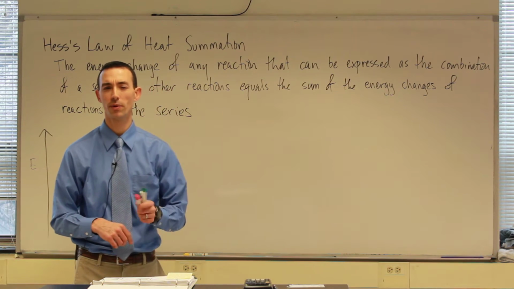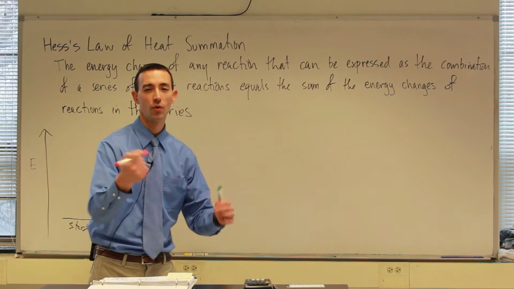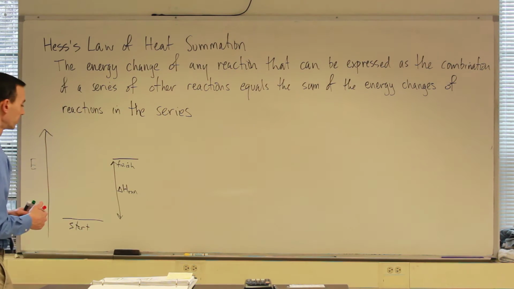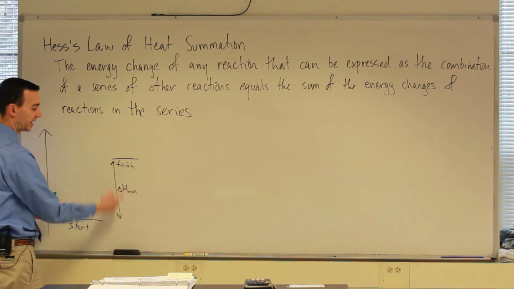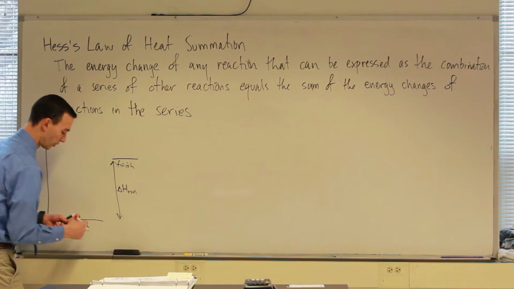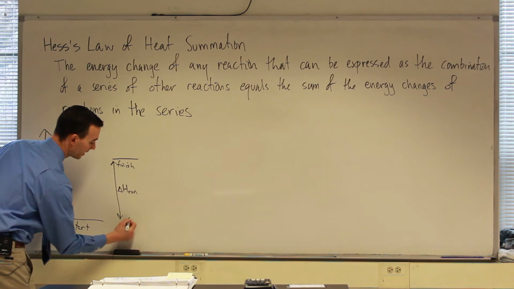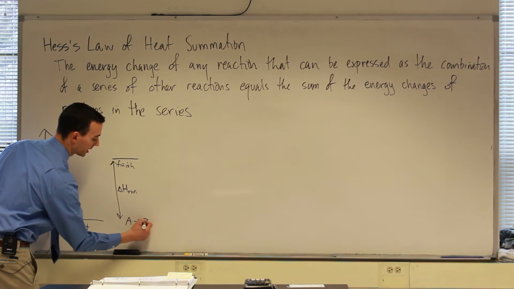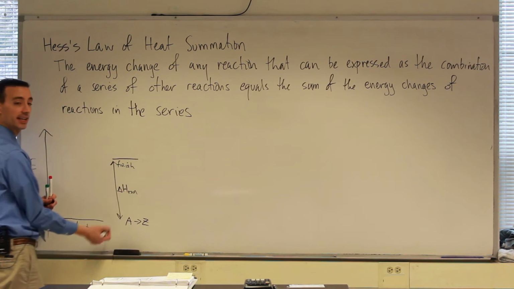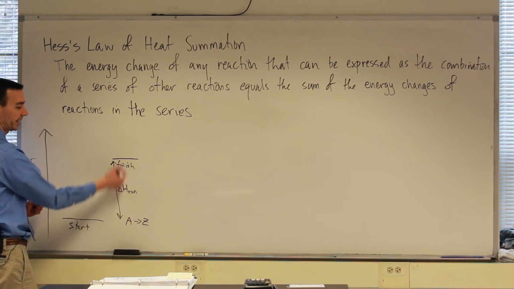Like I said, it's a little bit wordy, but I think a quick picture will clear up exactly what I mean. Let's say we had a reaction that was pretty straightforward. A turning into Z. This is the reaction A to Z, and here's what the energy change is.